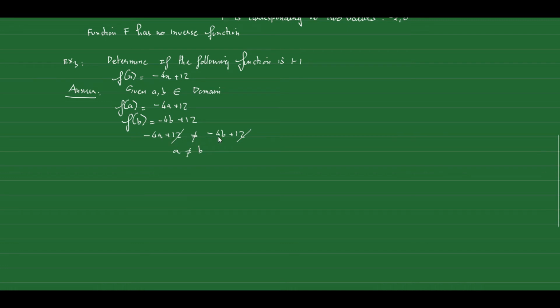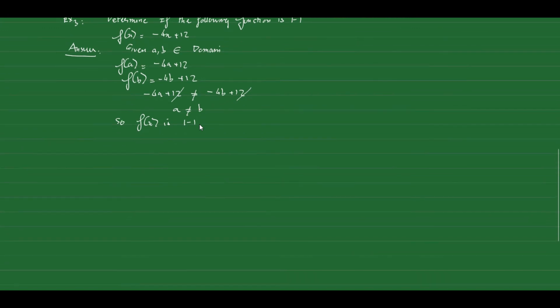If fa is different from fb, then a is different from b. So of course, fx is 1 to 1. You can use numbers to check if you want to.